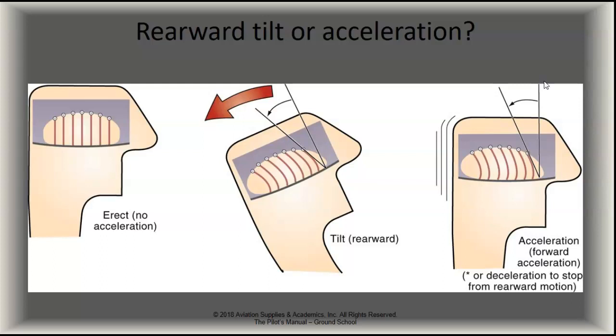For example, when we initially accelerate, the hairs and the nerves in the semicircular canal stimulate in the same way as tilting backwards. So we could, if we don't have any visual references, mistake an acceleration for tilting backwards. That could cause us to push the nose of the aircraft down when we're actually straight and level.